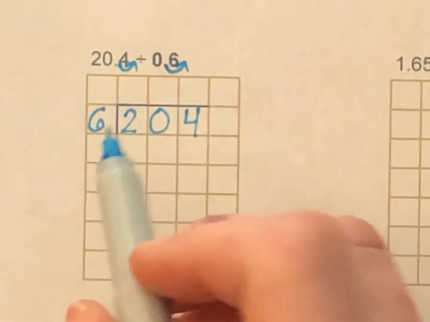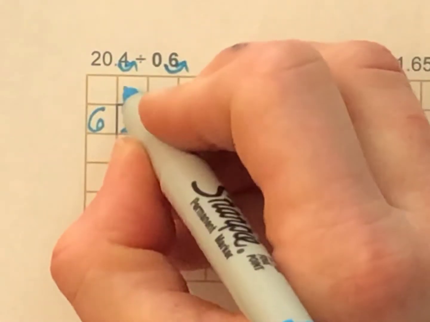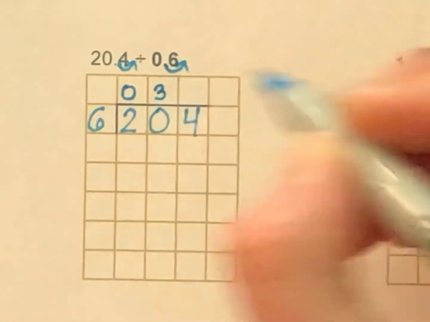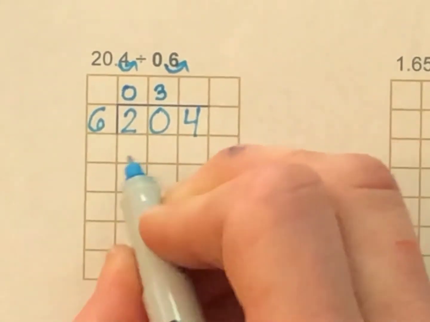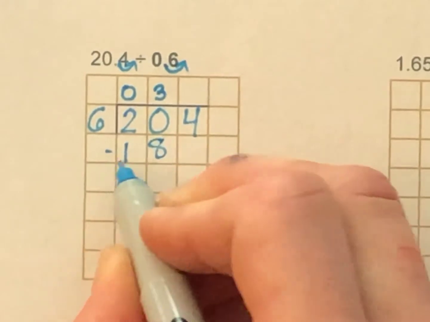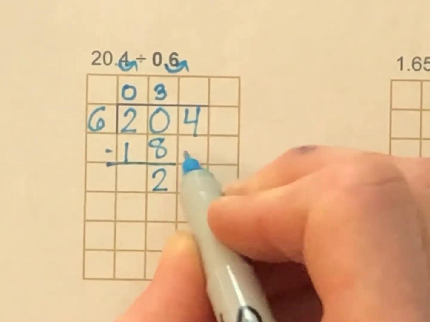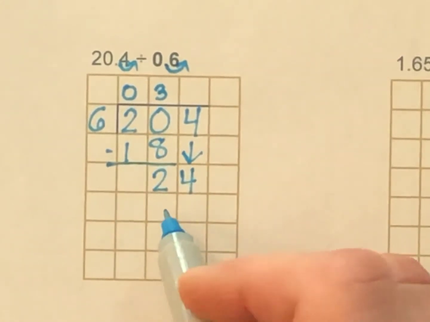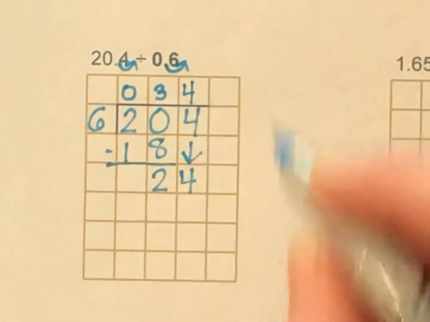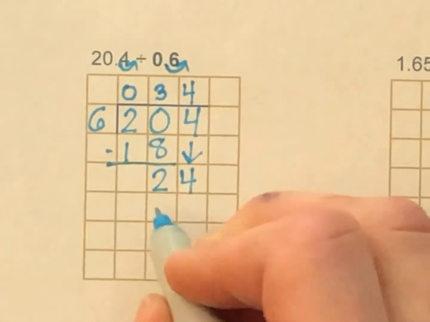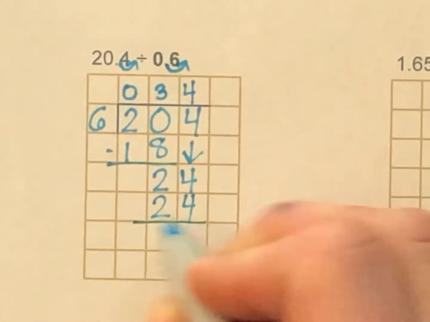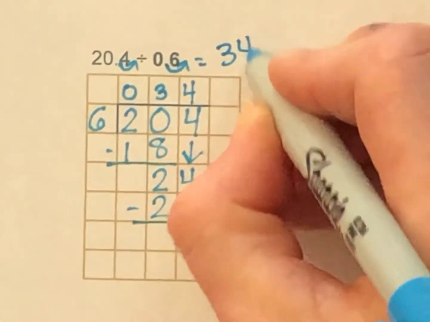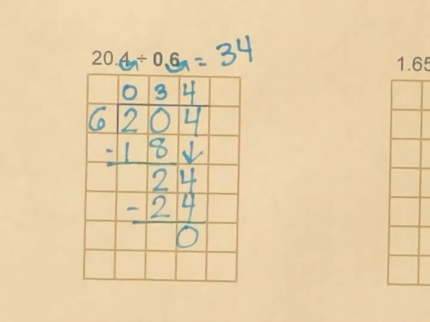So now I can divide it out. 6 goes into 2 0 times. 6 goes into 20 3 times. This is 18. 6 goes into 24 4 times. 4 times 6 is 24. So my answer is 34. No decimals. Doesn't always work out that way.